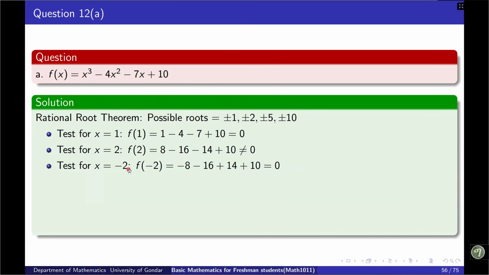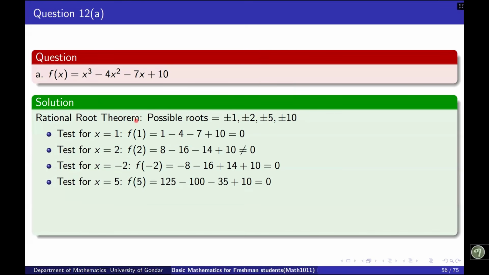Let us check for minus 2. f of minus 2 is equal to minus 2 to the power of 3, which is minus 8, minus 4 times minus 2 squared, that is negative 16, minus 7 times negative 2 is positive 14, plus 10. This is minus 24 plus 24, that is 0. So the second rational root of this cubic polynomial function is negative 2. Similarly, f of 5 is also 0.